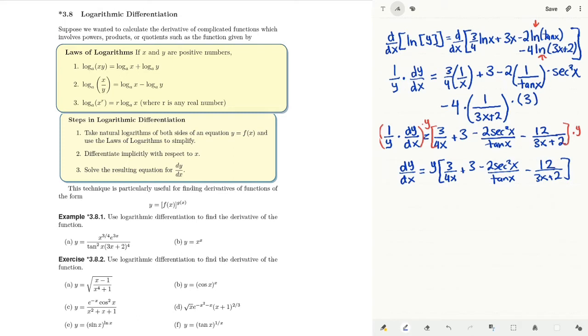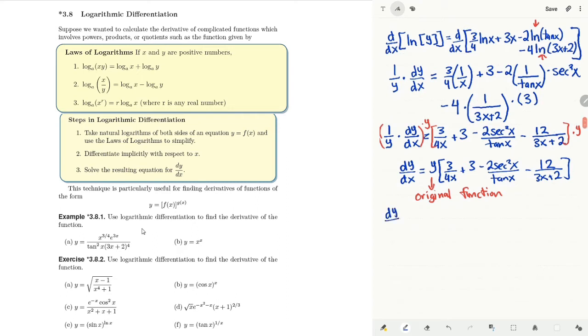Now if we look at our original function, we have an explicit function, and so our derivative should also be explicit. Well, we know that y is the original function. It's equal to x to the 3/4 times e to the 3x over tan squared x times 3x plus 2 to the 4. So we can replace y with the original function so that our derivative is now explicit.